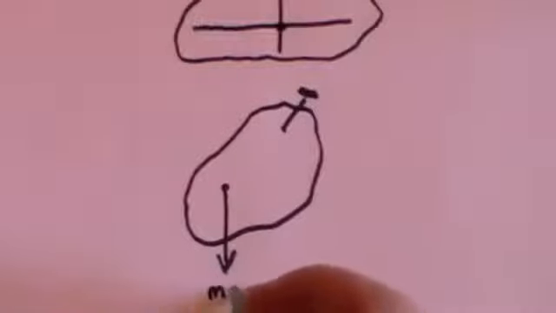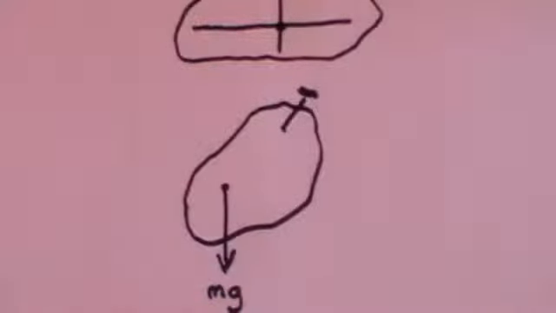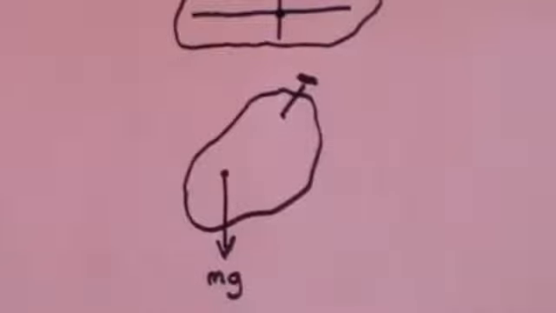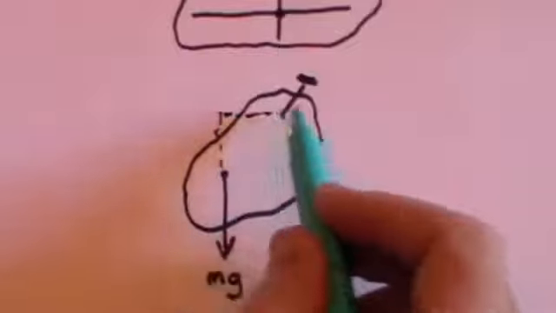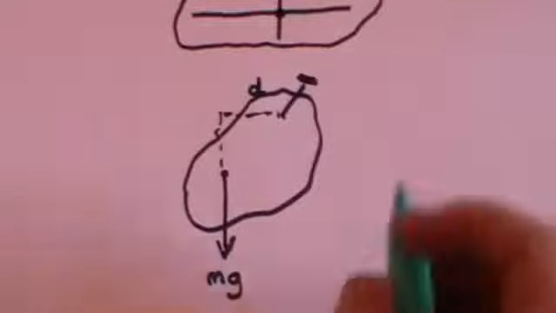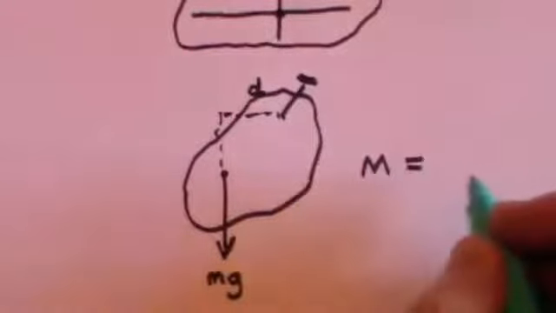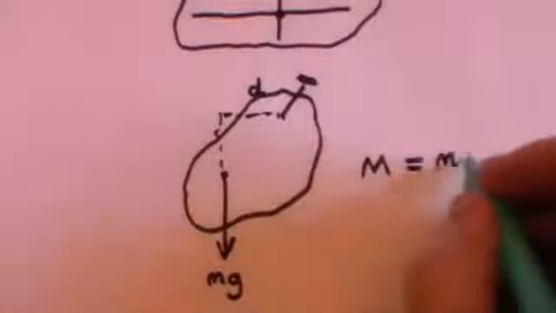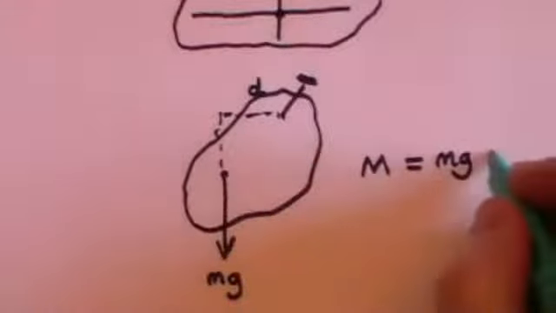If the centre of mass is here, it's because we've defined the centre of mass as the point at which all the mass can be regarded as residing, and therefore the gravitational force also operates through that centre of mass. If that's the case, remember we always have to go at right angles, then there is a distance d here, and that means there is a moment of a force. The moment is equal to the force, which is mg, times the distance.